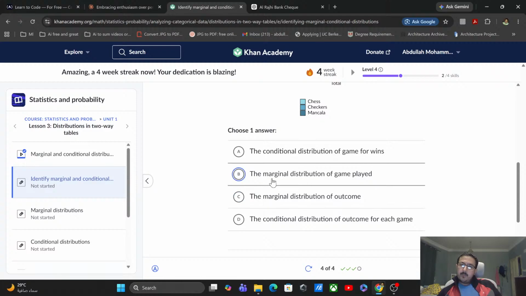Not the game win. The marginal distribution of game played. Say this one.